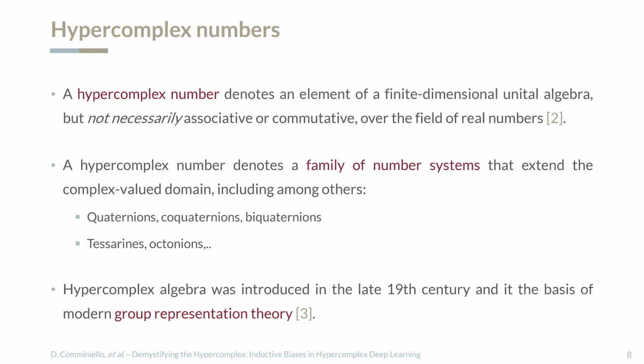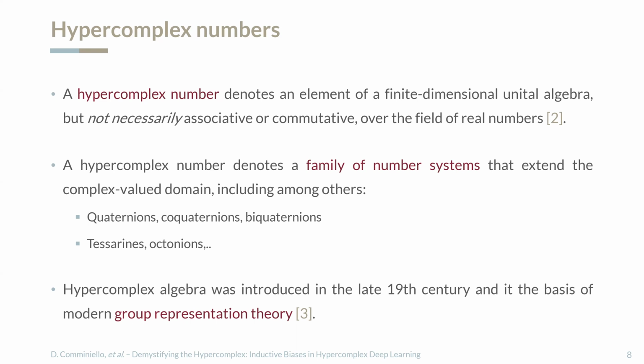So we may have hypercomplex algebras with different properties than associativity or commutativity. A hypercomplex number denotes a family of number systems that extend the complex value domain. So instead of having just one imaginary unit, we can have two, three, or even infinite imaginary units.